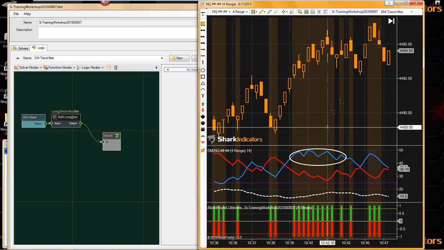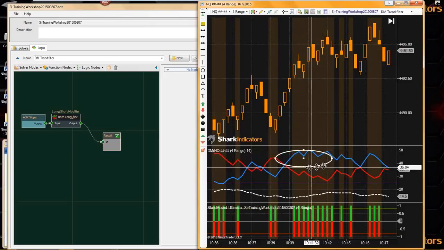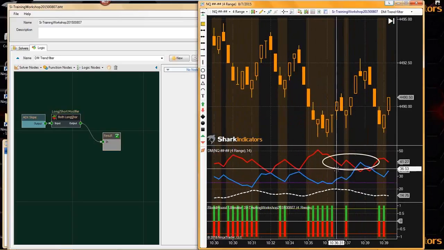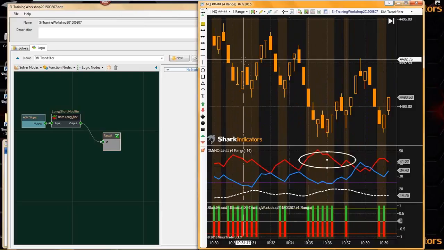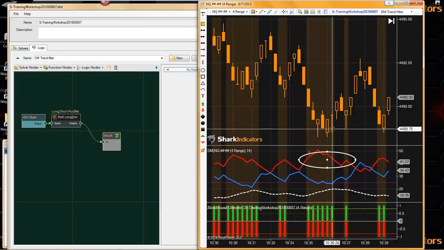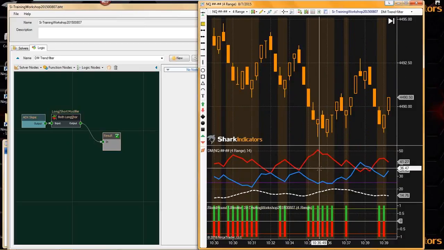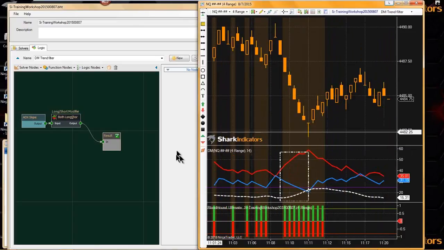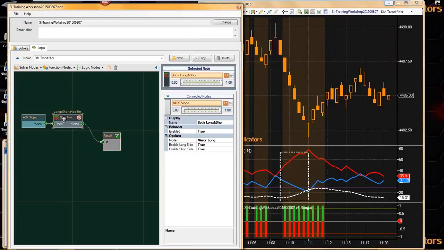And if the red line, the DI minus, is on top, that means we're in a downtrend. So we'll look at the DIs to identify the trend of the market.